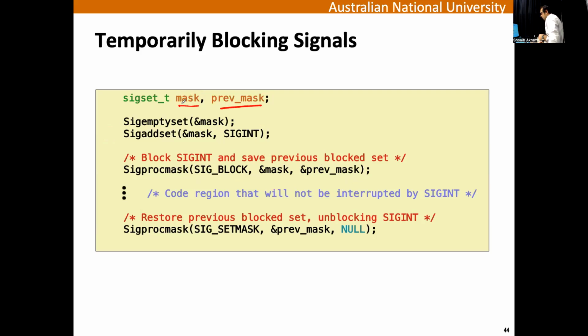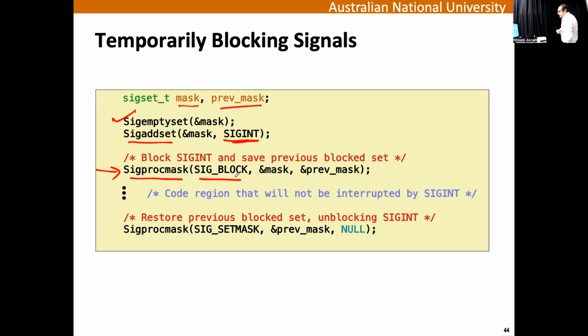You initialize the mask, you add a bunch of signals to the mask, and then you associate an action with those signals. So here I'm saying SIG_BLOCK. You can also say SIG_UNBLOCK. That will unblock the signals that are added to the set.